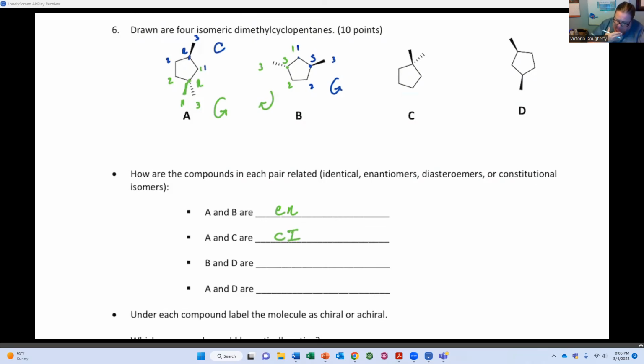A and D, well, B is trans, D is cis. Can't be mirror images, right? So then they have to be what? Diastereomers. Okay, and then A and D, well, if A and B are enantiomers and B and D are diastereomers, then by definition, A and D must also be diastereomers.